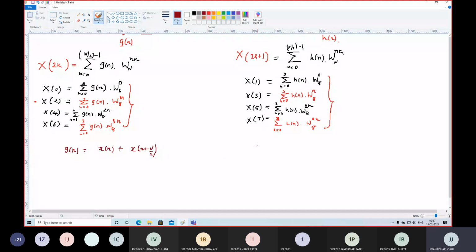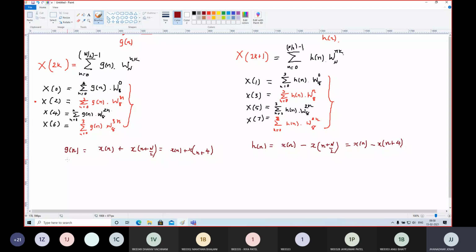And similarly, h of n is equal to x of n minus x of n plus n by 2. Now I can replace n by 2 with 4. So g of n becomes x of n plus x of n plus 4, and similarly, h of n is x of n minus x of n plus 4.